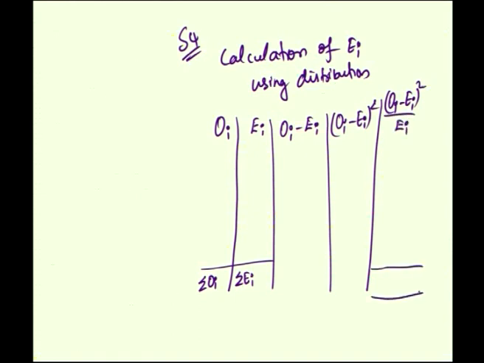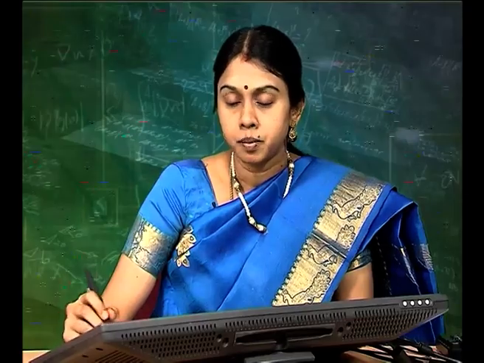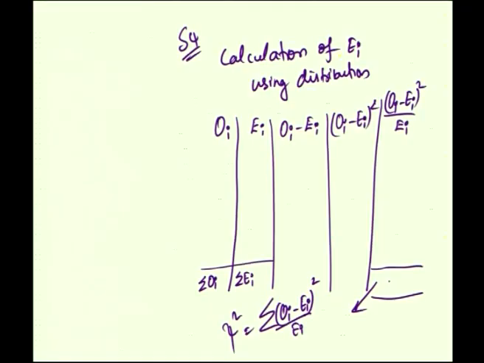This particular last column summation will be called as summation OI minus EI whole square by EI, which is the formula for chi-square. So, you do not take the values from the tabular column and then substitute in the formula and then calculate chi-square. Directly the last column of the table of calculation for chi-square, the last column summation gives you the corresponding calculated chi-square for the corresponding degrees of freedom.